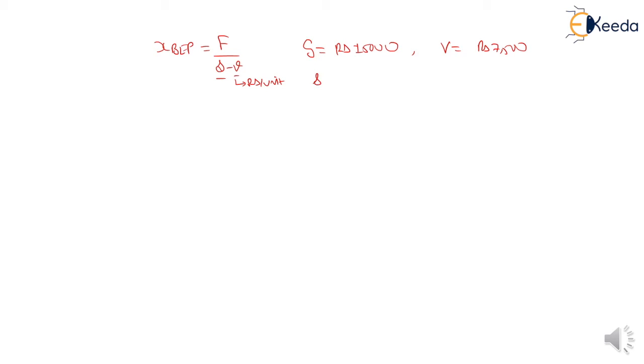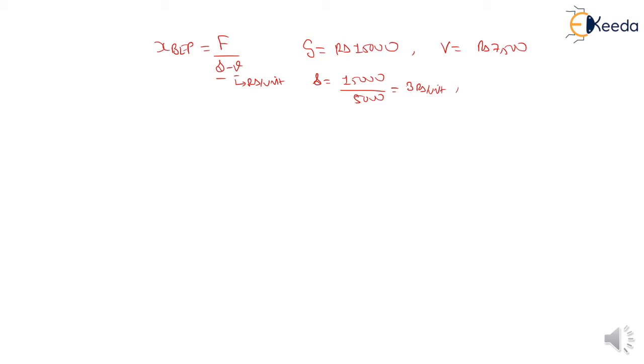Small s is nothing but 15,000 upon how many units have been produced? The 5,000 units. So it is converted into rupees per unit, which is 3 rupees per unit.